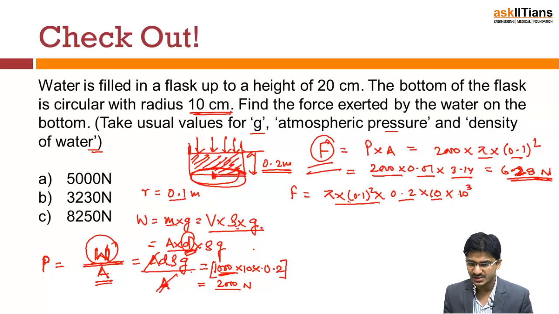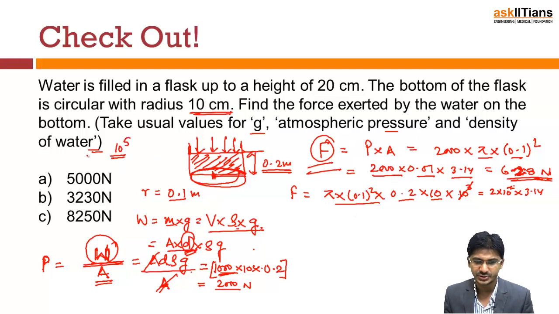So 0.1 square into 0.2 is 2 into 10 to the power minus 3, which will cancel with this 3. So you will have 2 into 10 into 3.14. So what you get is 3162.8 Newton. Now the atmospheric pressure that is acting is actually 10 to the power 5 Newton.